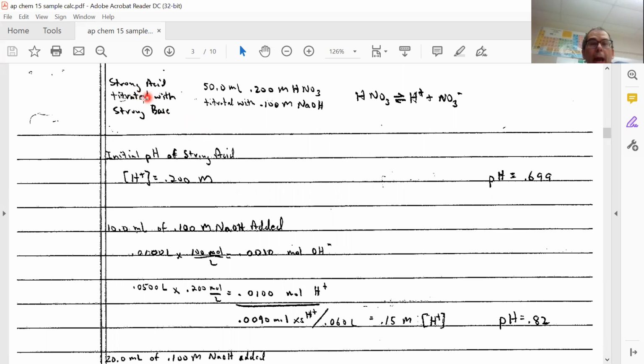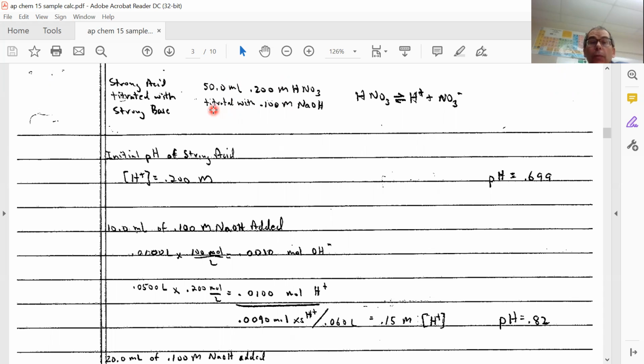So we're going to have a strong acid titrated with a strong base, and it looks like I have 50 milliliters of 0.200 molar HNO3 titrated with 0.100 molar NaOH. So when am I going to reach the endpoint? When I have equal moles of acid and base. Because my base is half as concentrated, I'm thinking I'm going to need twice as much volume.